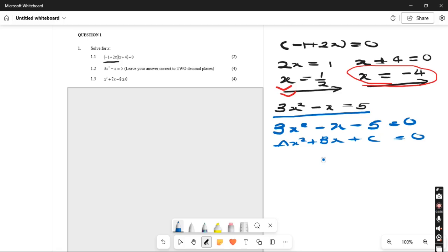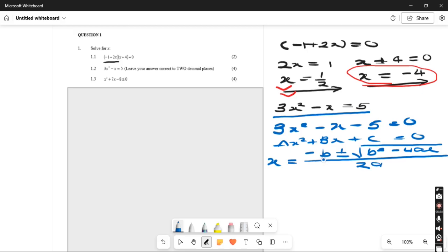So when you have your standard form, you know that you can always use the quadratic formula, which is x is equal to minus b plus or minus the root of b squared minus 4ac, all divided by 2a.